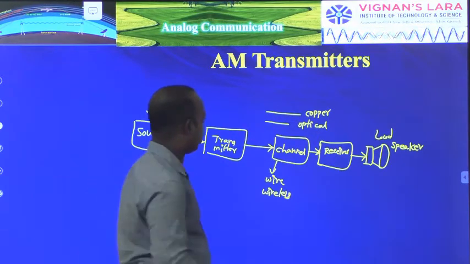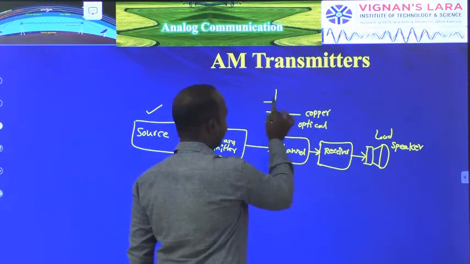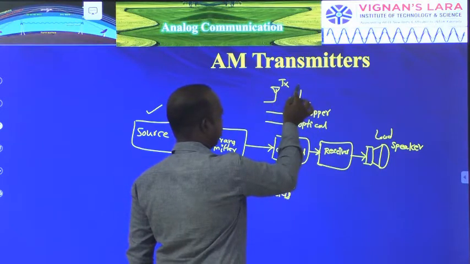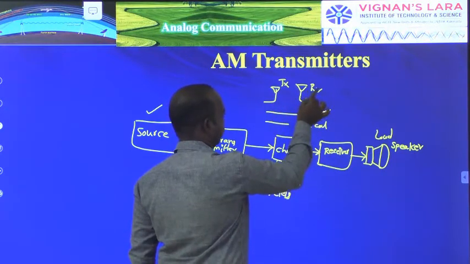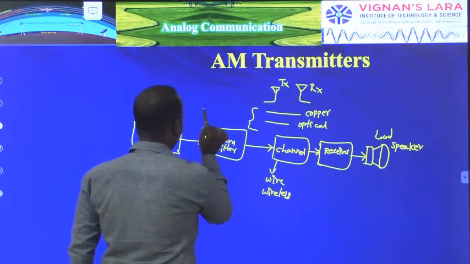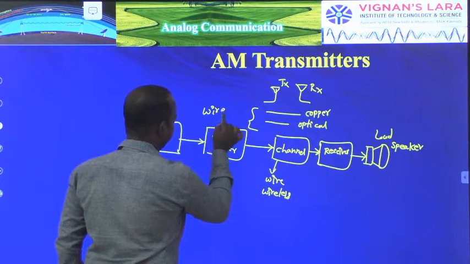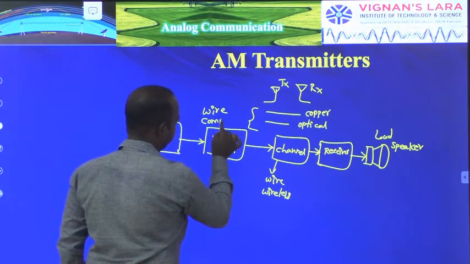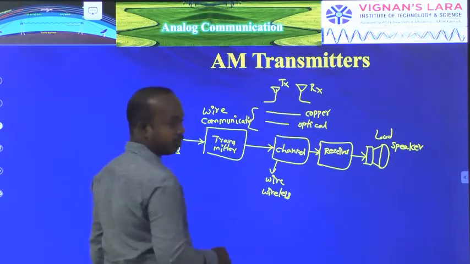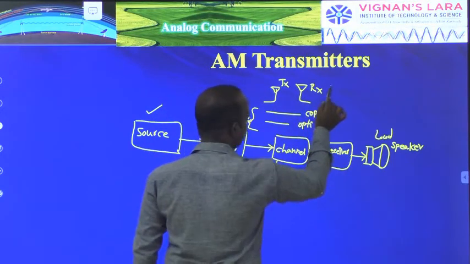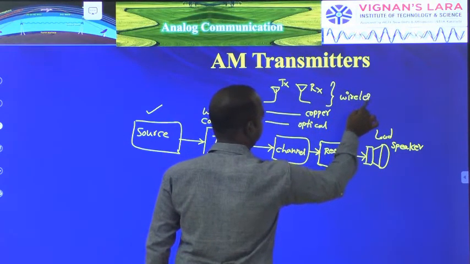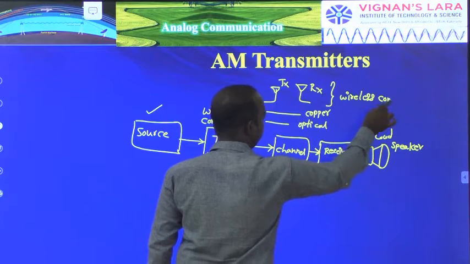In wireless communication, you use antennas, a transmitter and a receiver. The first two relate to wire communication, and the antennas we mainly use in wireless communication.